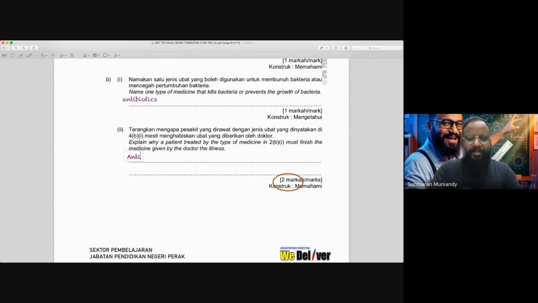Antibiotics must be completed to kill all the bacteria.